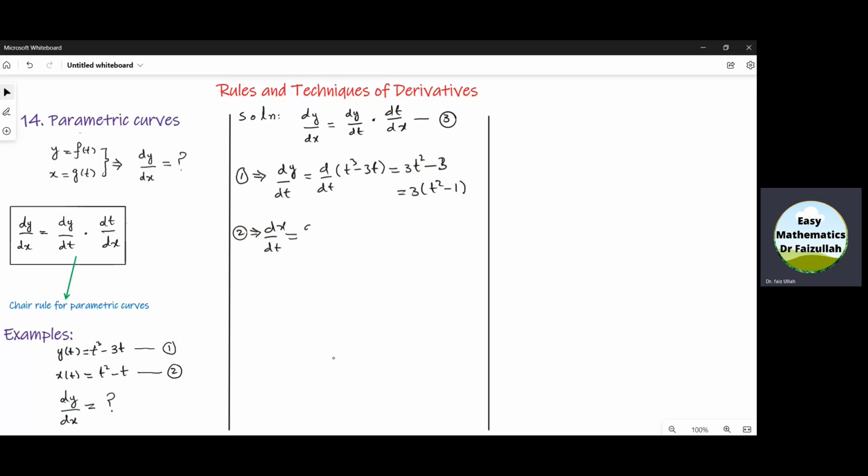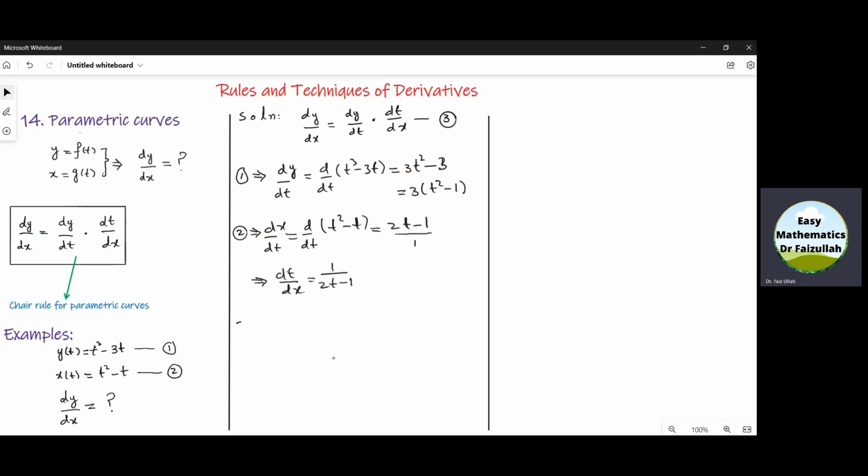So from 2 we have, just differentiating both sides with respect to t, we have t square minus t, and from this we get 2t minus 1. But in formula number 3, we have to find dt over dx. So let us take the reciprocal of this. So from this we get dt over dx is equal to 1 over (2t minus 1).